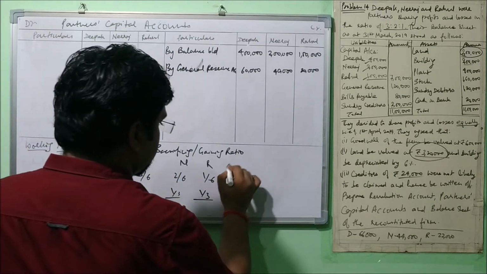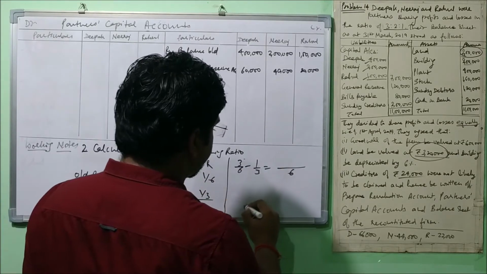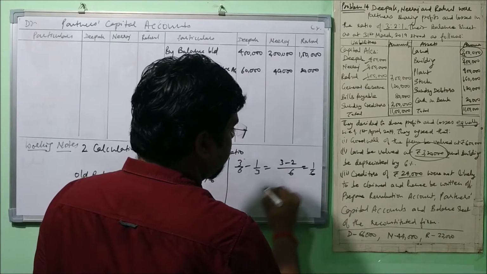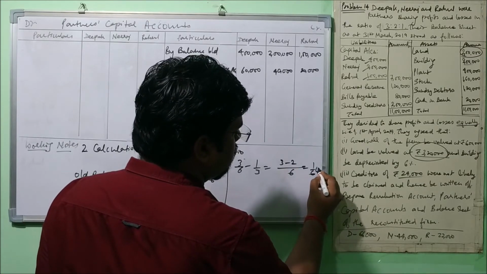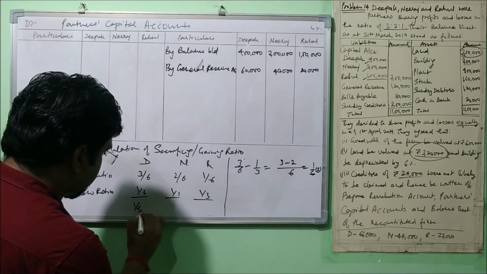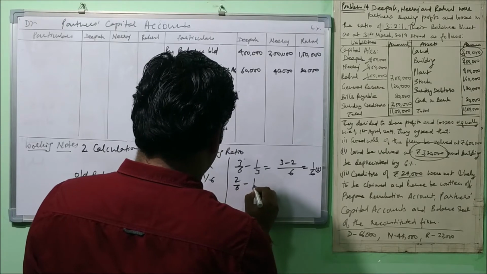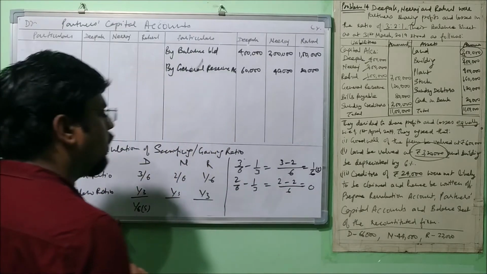Right. So let's do the calculation. For Deepak, 3/6 minus 1/3 gives 1/6, positive, which means he will sacrifice. So Deepak is going to sacrifice 1/6. Let's calculate for Neeraj. 2/6 minus 1/3 is 0.